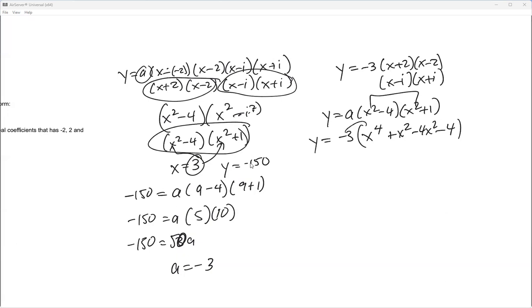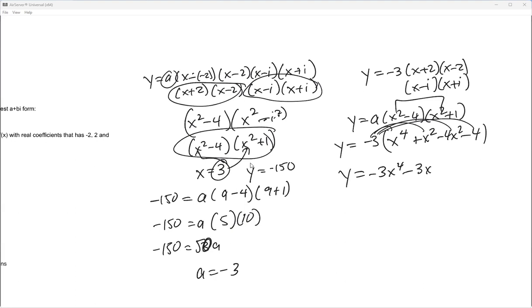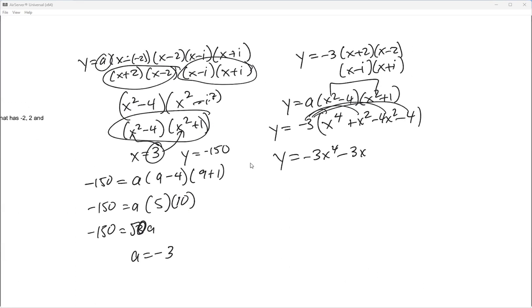Then distribute the negative 3 into these. So y is equal to negative 3x to the 4th minus 3x... Apologize for that. I was supposed to combine this term and this term, that's negative 3x squared.